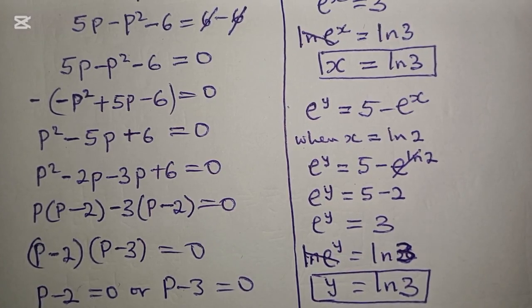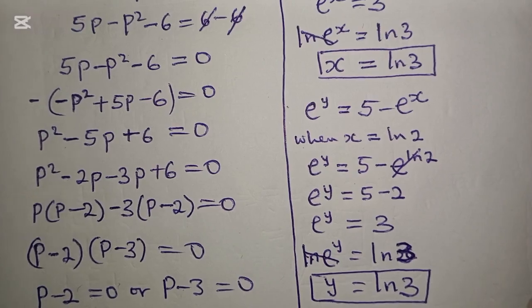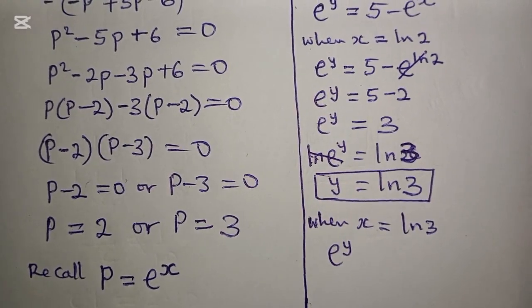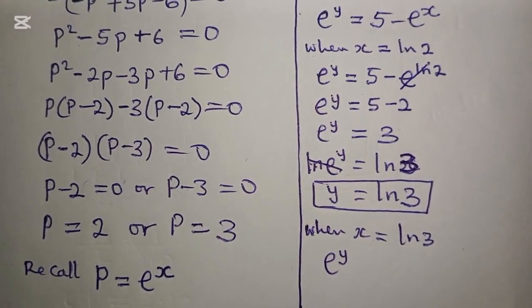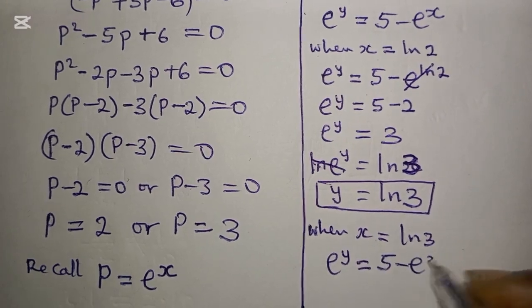Now, when x is equal to ln 3, we have e raised to the power of y equal to 5 minus e raised to the power of x.